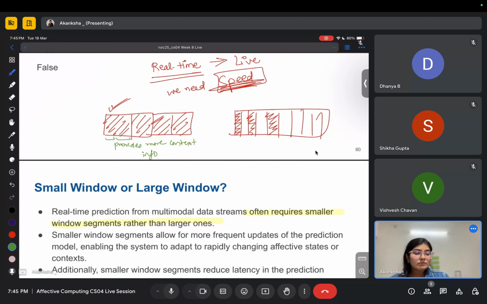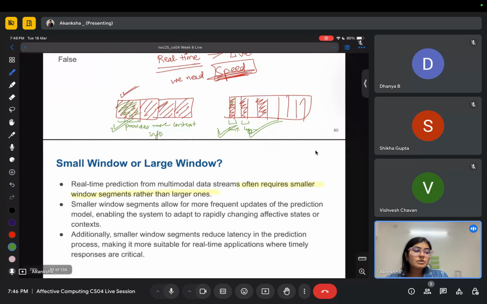Then you will see that a certain emotion is being expressed here which might not be happiness. It might be something I recalled from my experiences, or I just remembered something which disturbed me. Anything can be there. So larger window segments provide more context. If we take just a small window, it will just tell me, okay, you are smiling here and you are crying there, so it will assign different labels to these two windows.